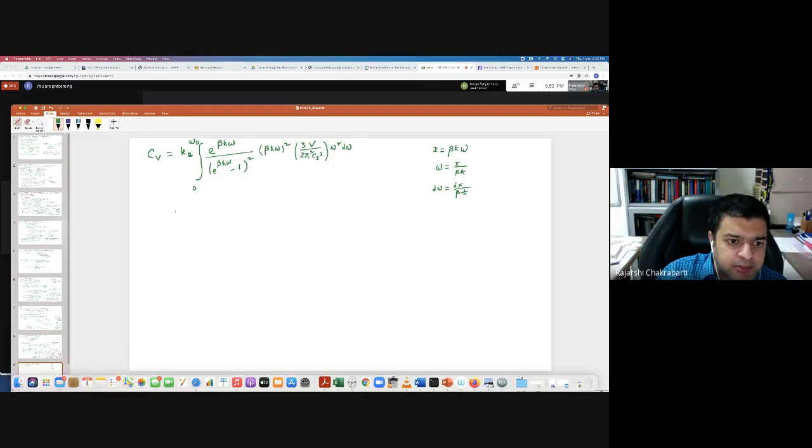So this expression becomes kb, integral from 0 to beta h cross omega d, of x e to the power of x by e to the power of x minus 1 whole square.